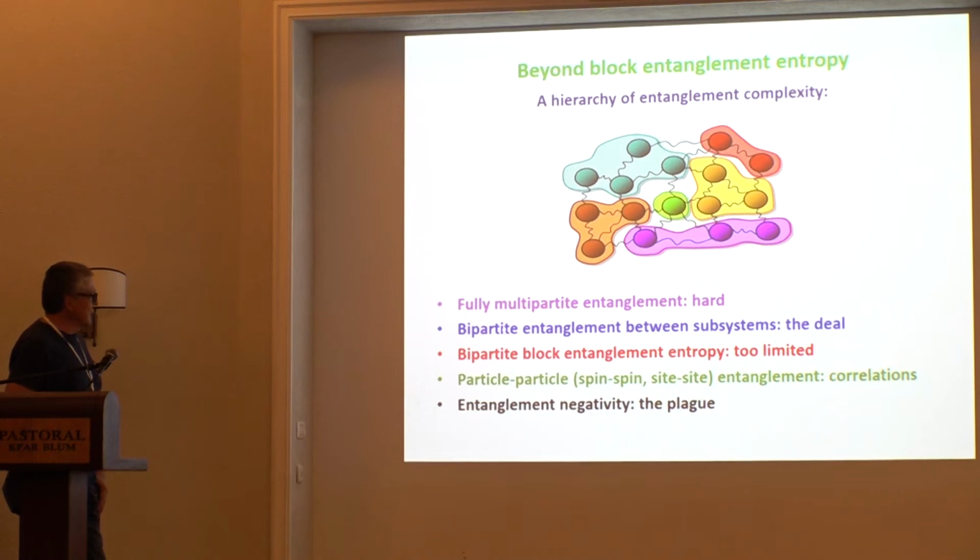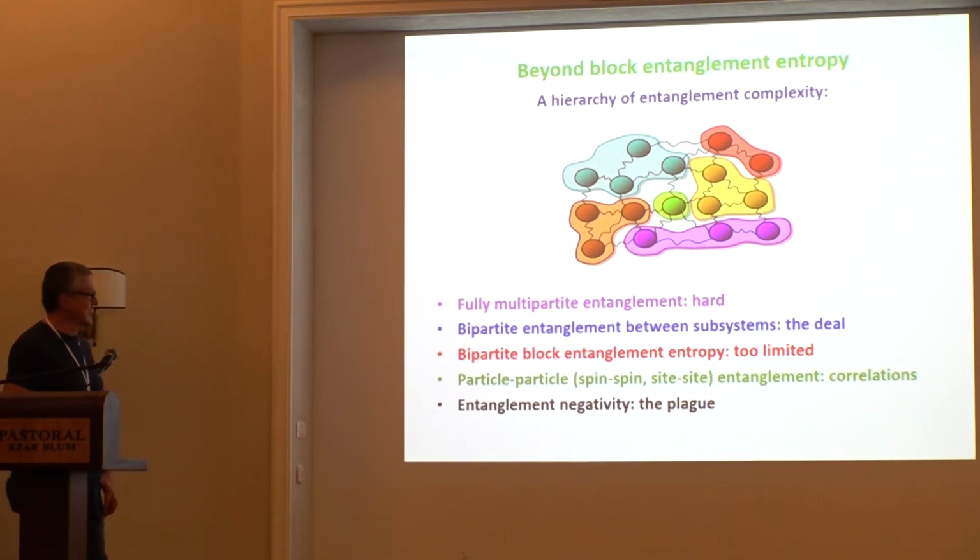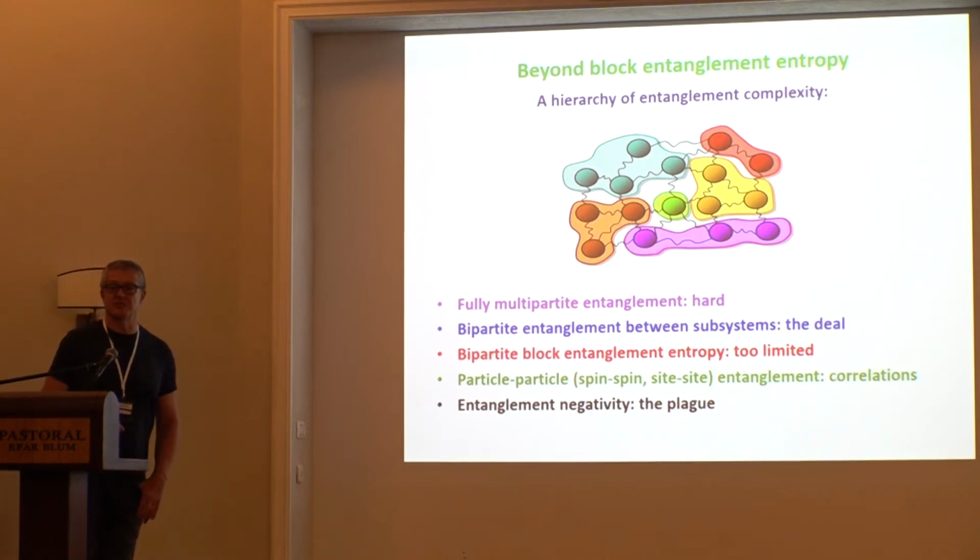So what I would like to concentrate on in the remainder of my talk is how to construct faithful measures of bipartite entanglement between subsystems. This is not yet at the level of multipartite entanglement, but starts to get close to that idea, because to construct these faithful entanglement measures between any pair of subsystems in a many-body system, you need multipartitions.